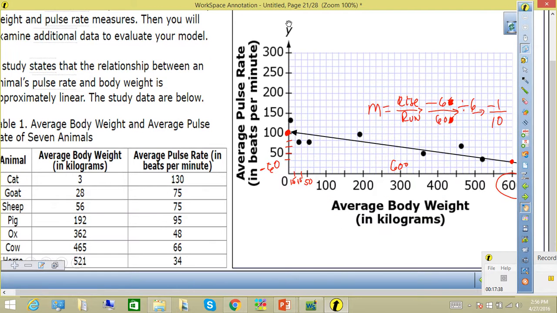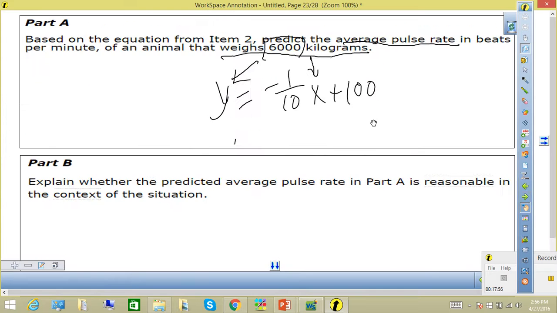Where's the y-axis? Here. What does that represent? Beats per minute. So do we substitute into the y? No. What does the x represent? The body weight. So in our equation, where are we going to substitute the kilograms? In the x, because it represents the kilogram, which is the weight. You see what we're saying?